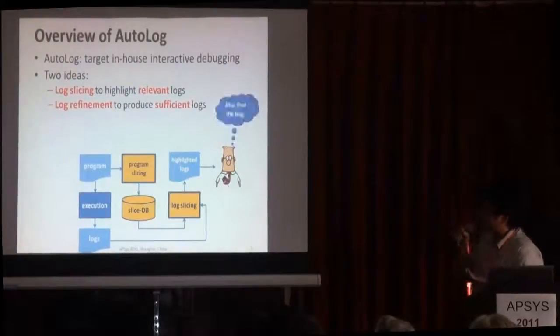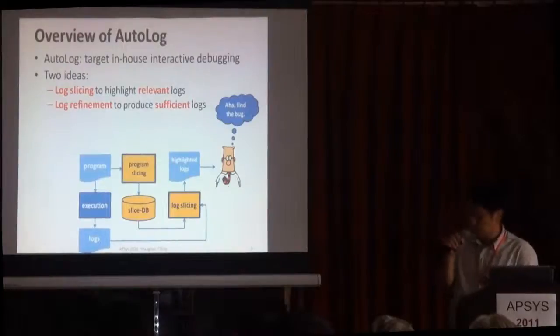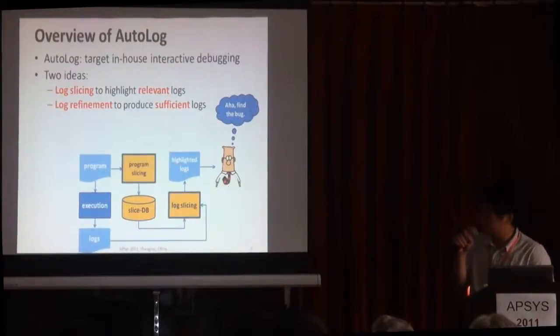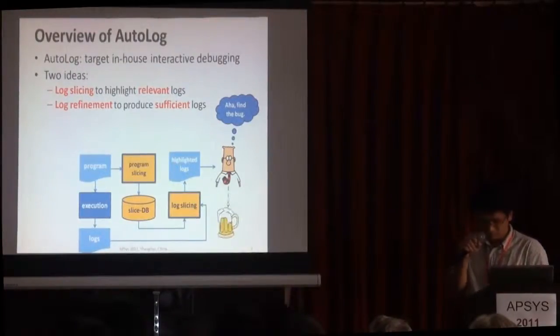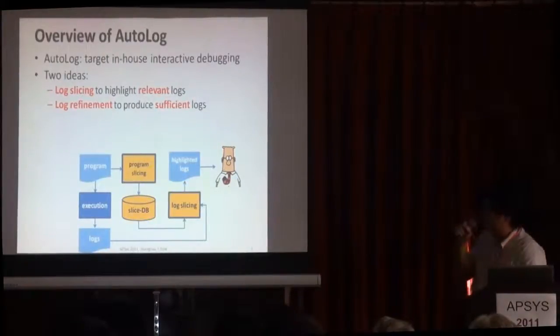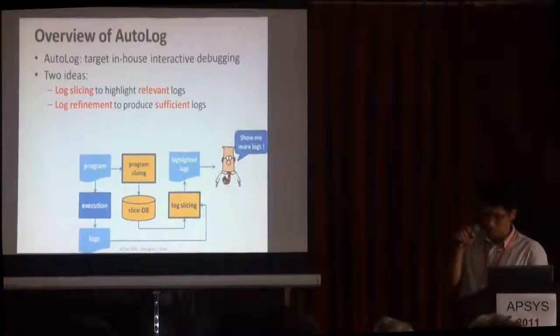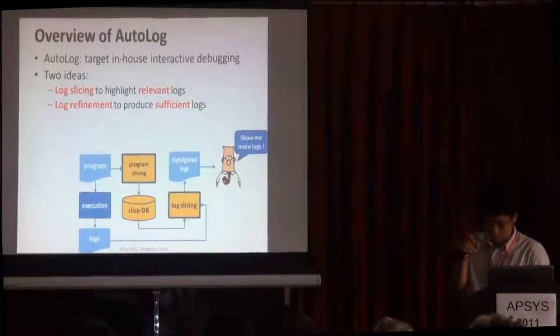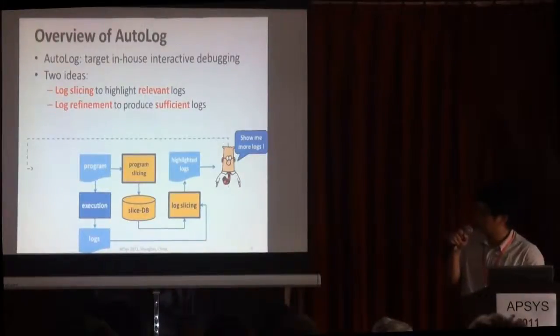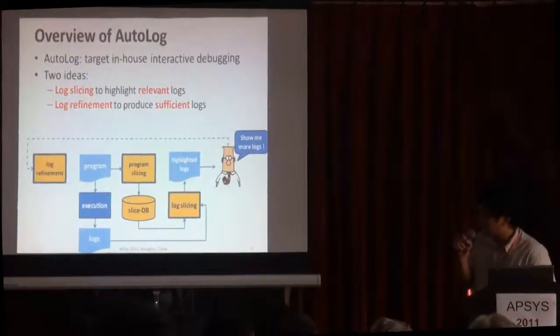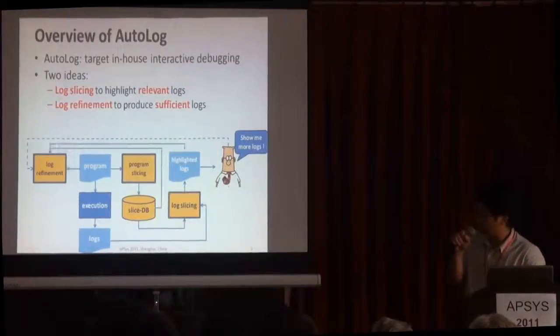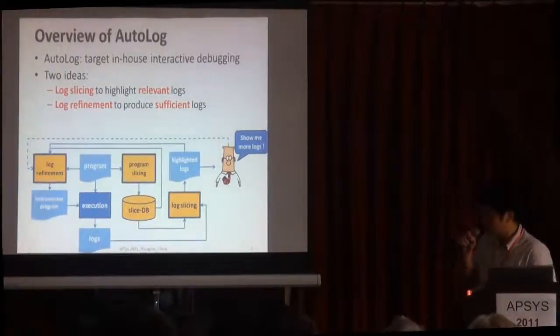And if he's lucky enough, then he is able to find the bug using these logs. But otherwise, if he feels that the current logs are insufficient, then he can ask for more. The log refinement component will instrument the program by inserting new logging statements at some selected program points.